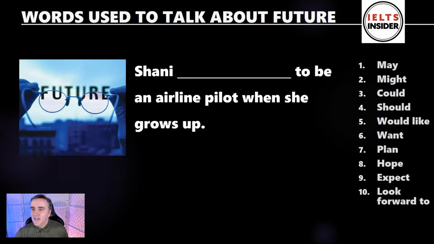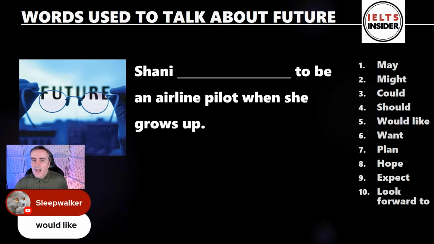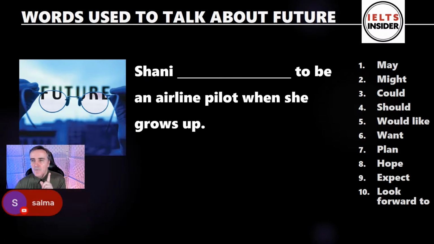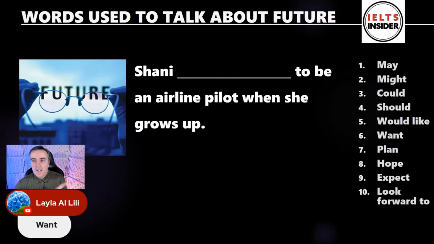Let's see. Sleepwalker, would like. Shani hopes. I think this is a good one. This certainly works, Sleepwalker. But I'm kind of looking for the other word that means the same as would like. So Salma, would like. Now Layla has written want.